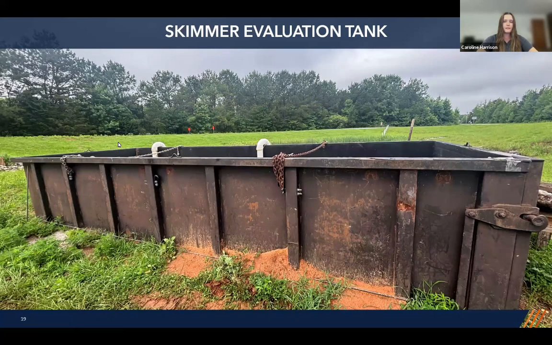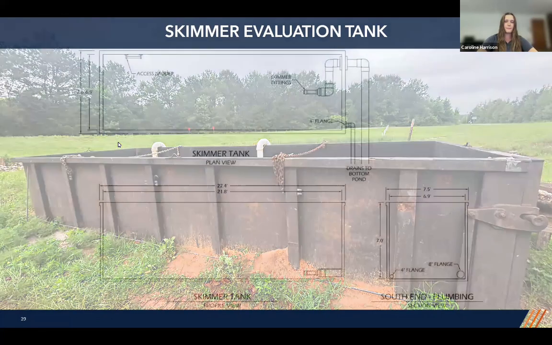So our testing was conducted in the skimmer evaluation apparatus at the Auburn University Stormwater Research Facility out in Opelika, Alabama. This tank is a refurbished steel roll-off dumpster that was donated to us, and it has been sealed so that it's watertight.